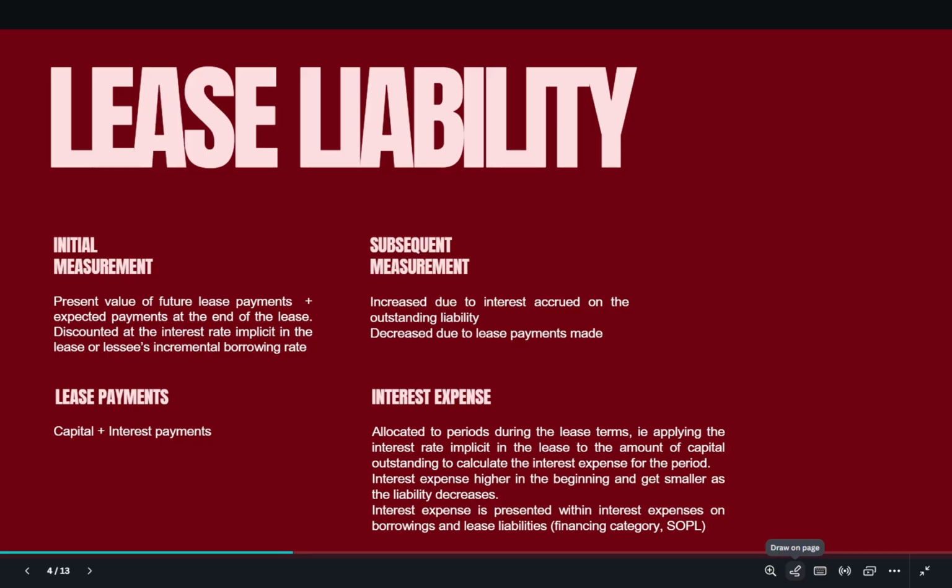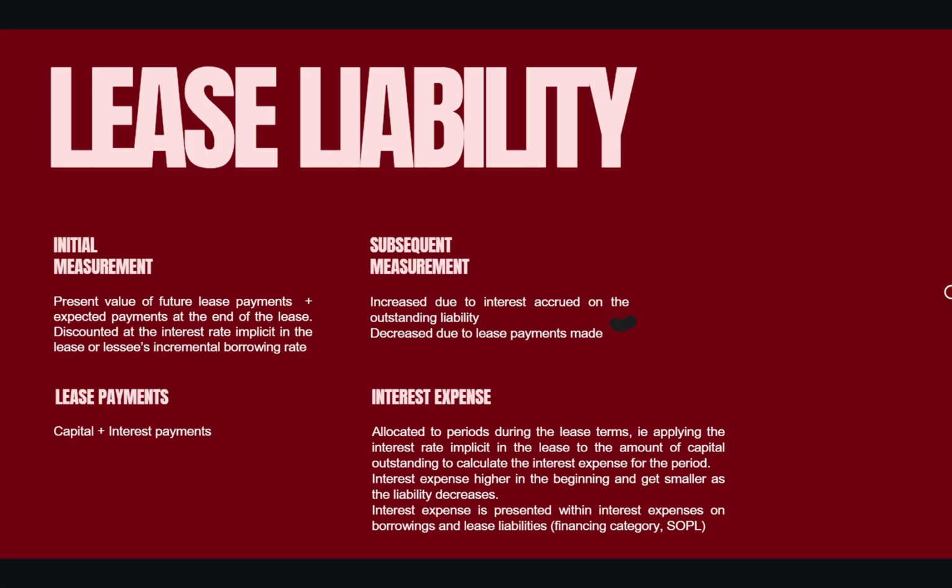And then for the subsequent measurement, the lease liability can be increased due to interest accrued on the outstanding liability, or it could be decreased due to lease payments made. And there is also interest. So for the increase, it is basically because of the interest expense, which is allocated to periods during the lease term by applying the interest rate implicit in the lease to the amount of capital outstanding.